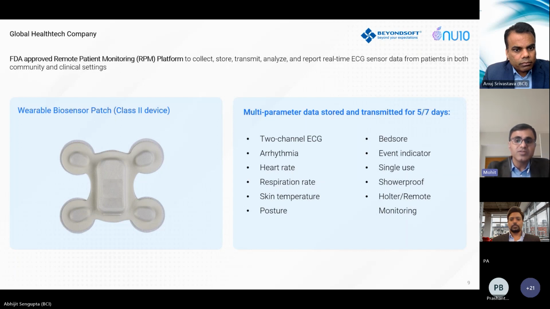So this really brings down the code blues because at a nursing station level, they no longer go to the patients to monitor their vitals, but they have everything along with alerts set up on their monitoring station. So they can really know and provide emergency response wherever there's an alert or they see something out of order.